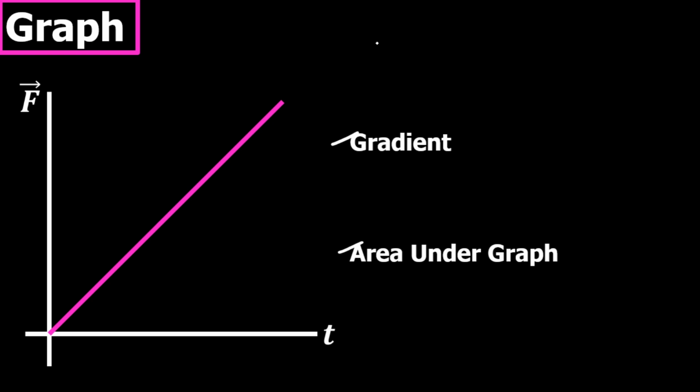Let me remind you again that impulse is defined to be F, force, times delta T. If we talk about the gradient in this F-t graph, what we will have is F over T, or over some interval delta T, F over delta T. At this point, the gradient does not look like the equation for impulse.